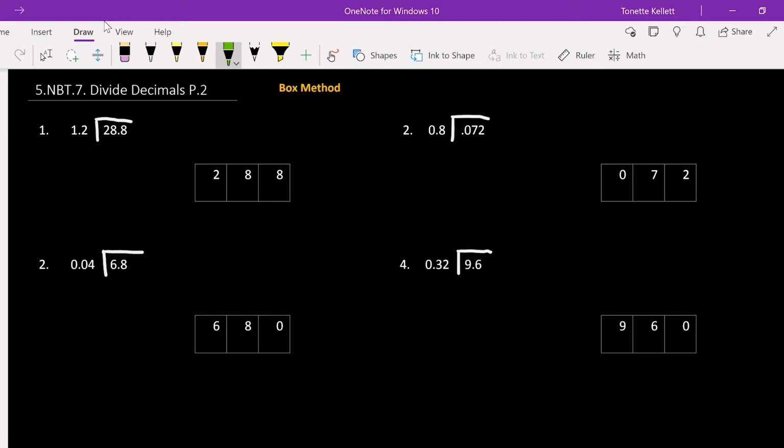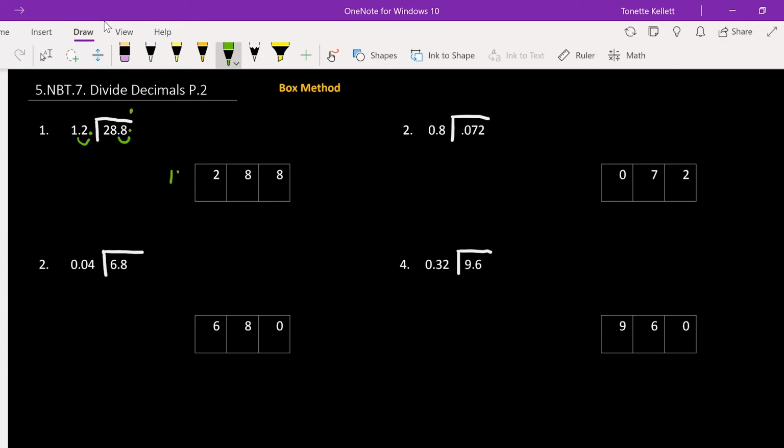So taking a look at the divisor, you have the decimal, one space, you need to move it to make it a whole number, just like that. So if you move it one space over here in the divisor, then you need to move it one space over here in the dividend. And then you'll move it straight up. So that gives you 12.